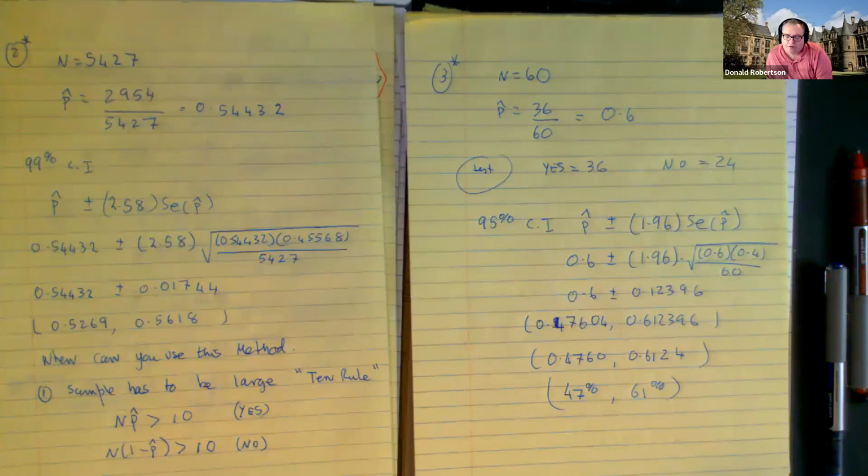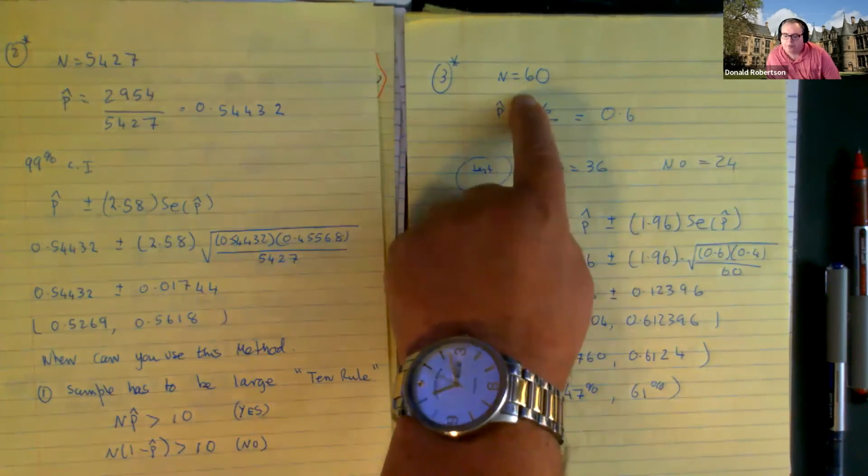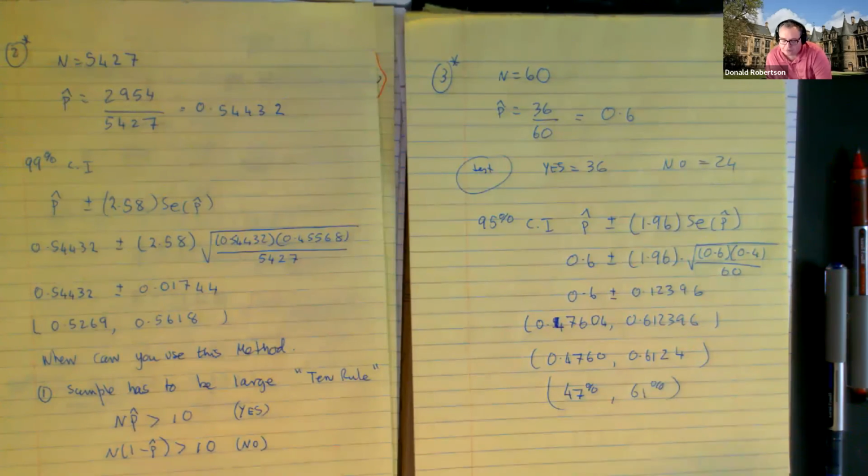So here's a question for you. Based on this small sample and this 95% confidence interval, would it be fair to say that more than half of professional actors are extroverts? Would it be fair to say more than half?